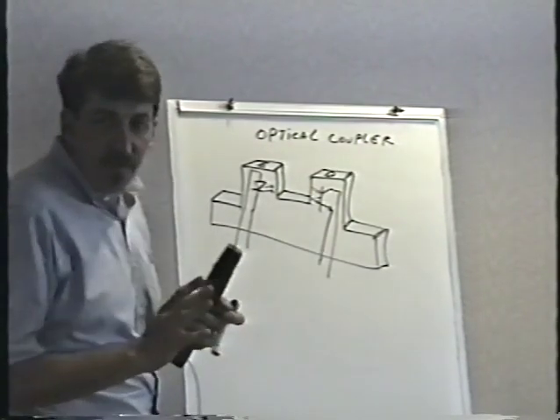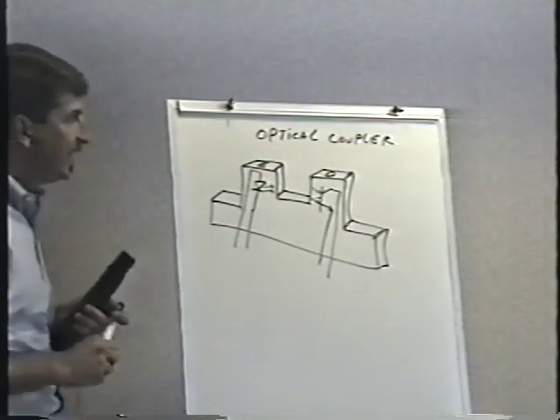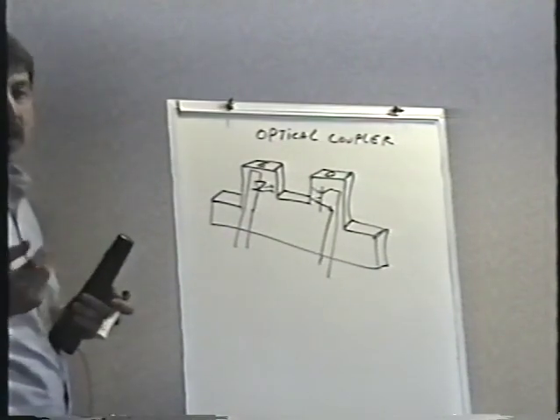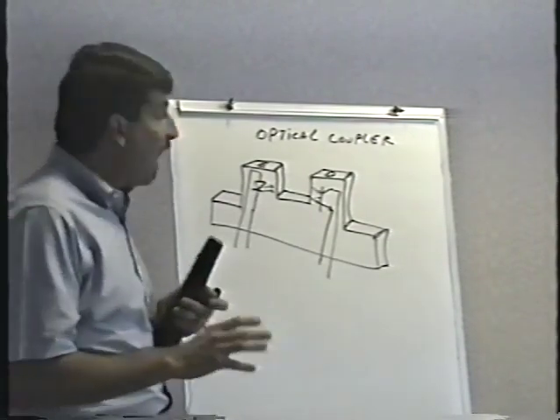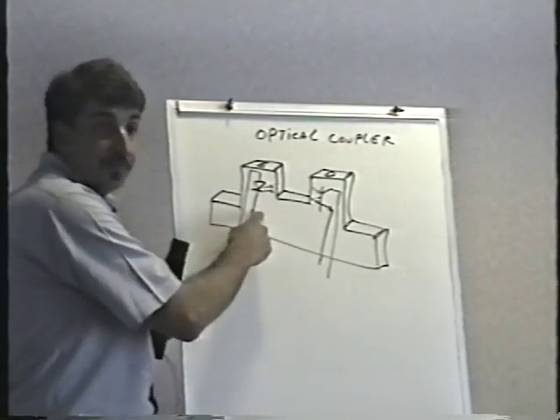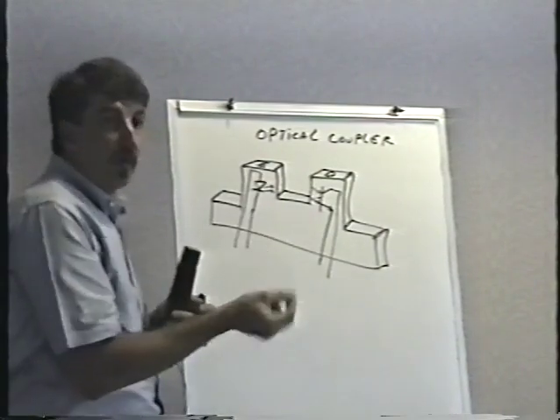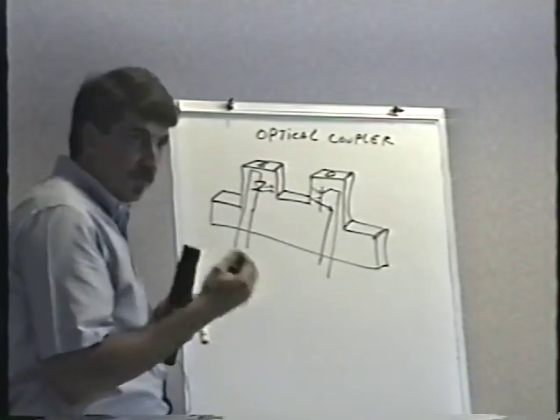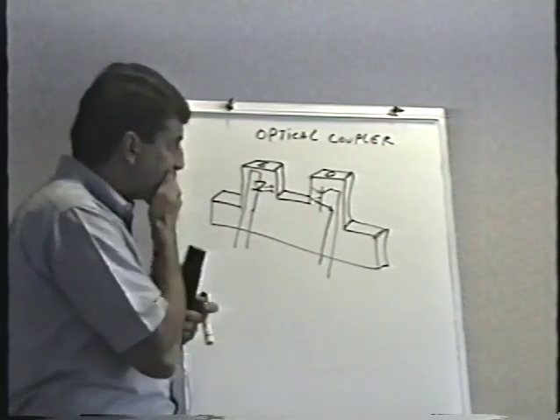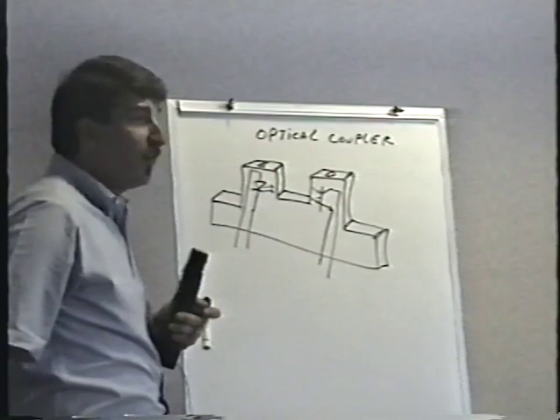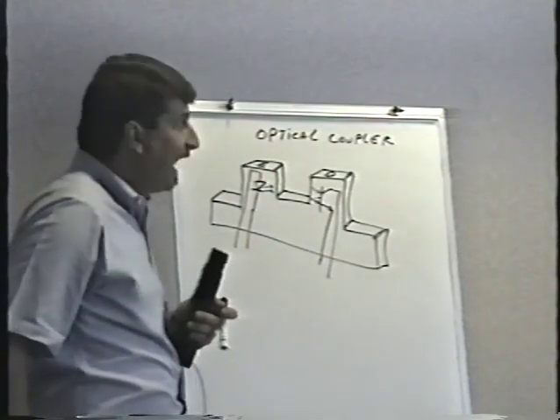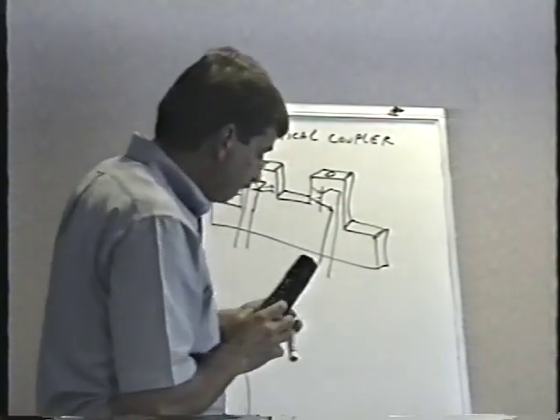The problem with optical couplers is that the entire time the game is turned on, regardless of whether it's being played or not, the LED is on. And the LED eventually burns out. That's what fails in optical couplers. The light-emitting diode actually fails. Also, unfortunately, these LEDs are infrared. You cannot see infrared light.